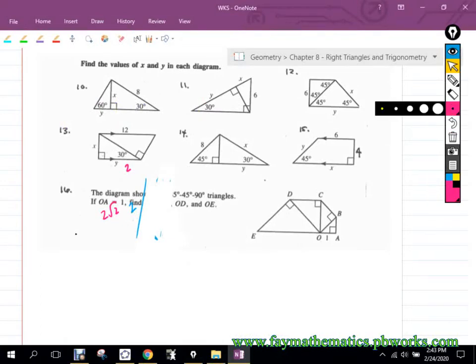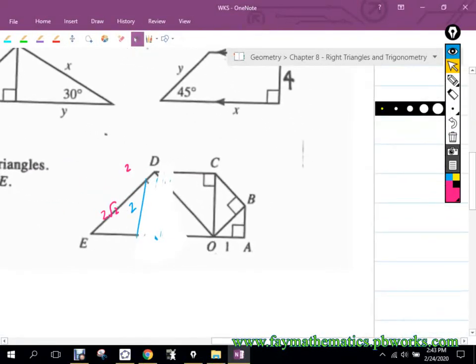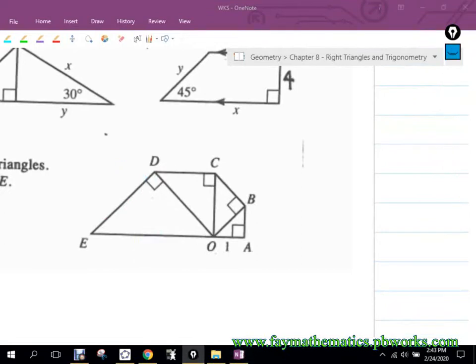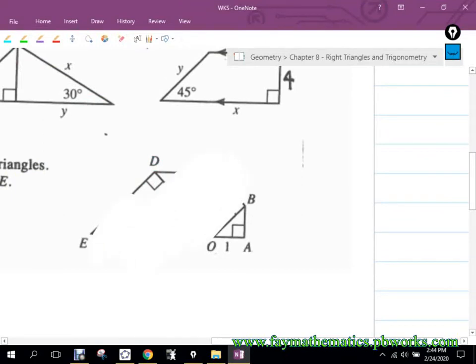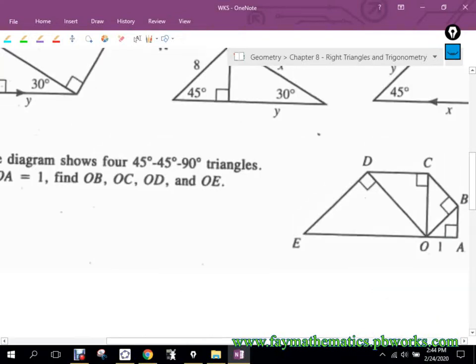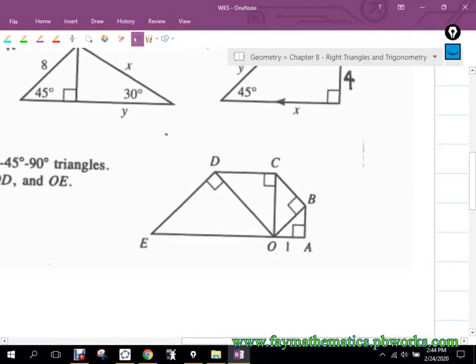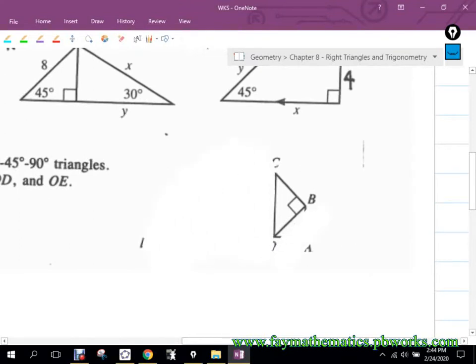So just rehashing real quick, the best thing, in my opinion, to do, and I know people don't always want to do this, is to start the problem only looking at that triangle. Maybe I just draw just that triangle. Once I find O to B, then I am going to look at just that triangle.